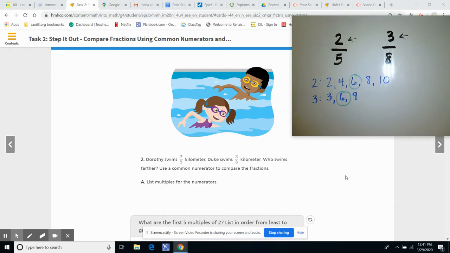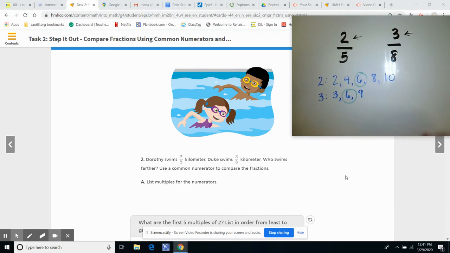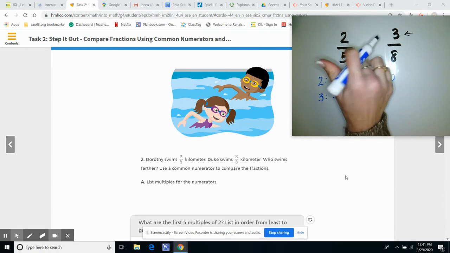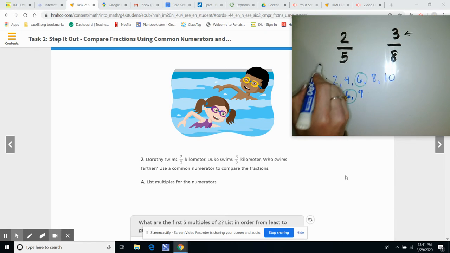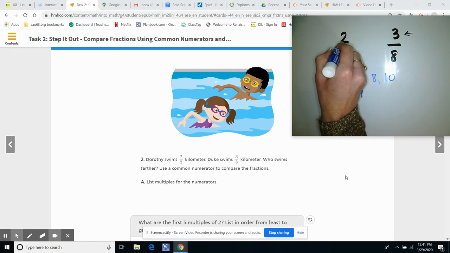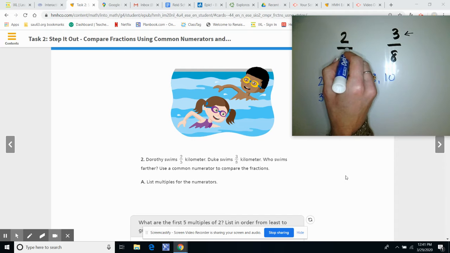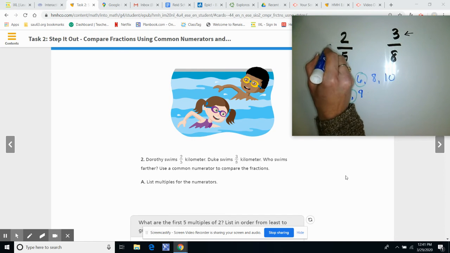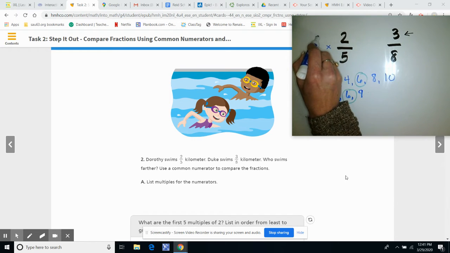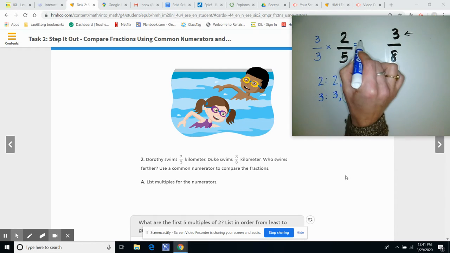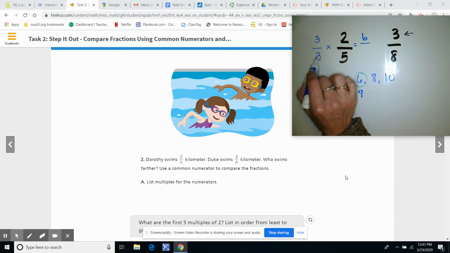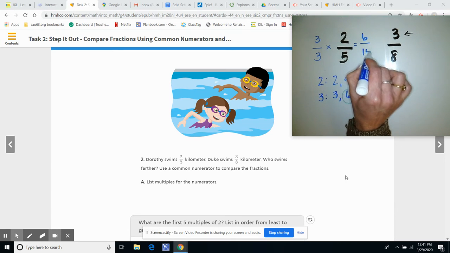All right, so knowing we're going to use 6, we have to calculate. What is this going to look like for our 2/5? If we want to get the 2 to 6, what do we need to multiply by? Well, we know that 3 times 2 equals 6. So let's calculate. 3 times 2 is 6, and 3 times 5 is 15.